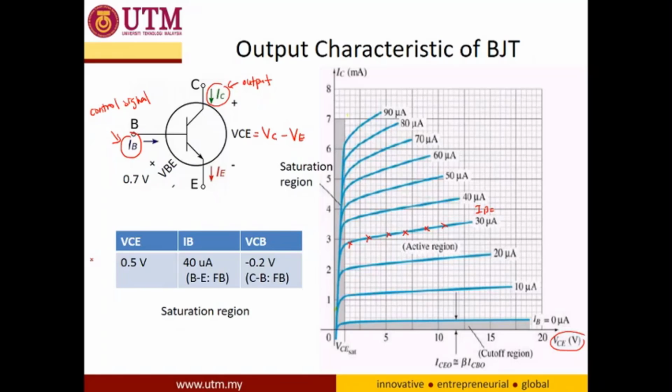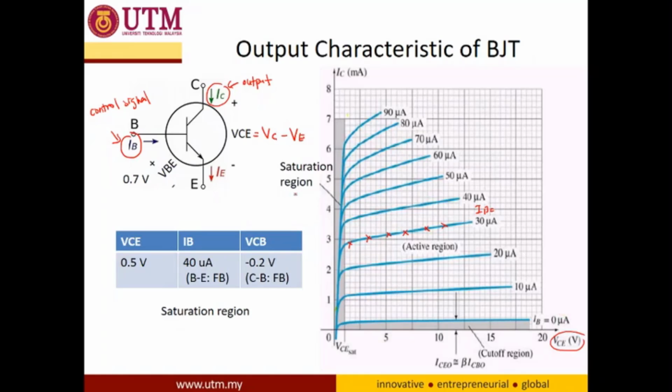In this slide I want to show you the relationship between the biasing condition and the operating region in the output characteristic. This plot already shows the three main regions mentioned in the previous slide.